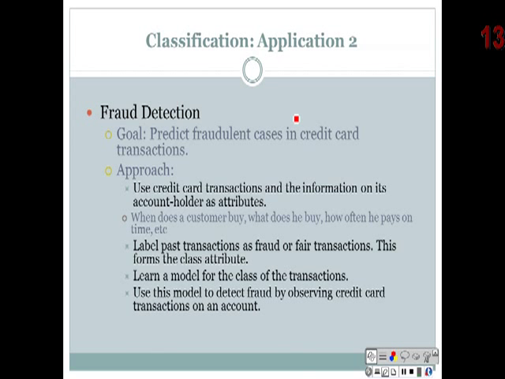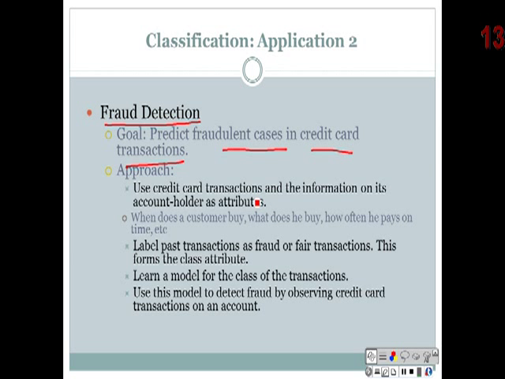The second type of application for classification is fraud detection, which is really popular. So what is the goal? It is to predict if there are cases of fraud in credit card transactions. What kind of approach are they using? They use credit card transactions and the information on the account holder as attributes.